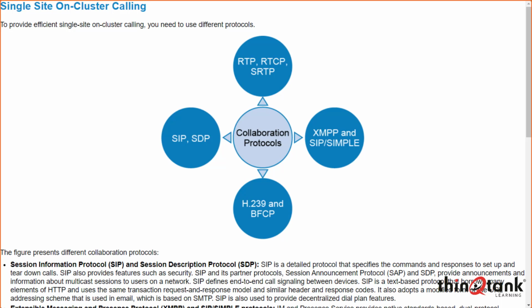All right. Let's talk about XMPP now, the Extensible Messaging and Presence Protocol. I'm kind of just going around the circle here, trying to give you as much information as I can. XMPP is also a communication protocol for real-time exchange of information between parties.